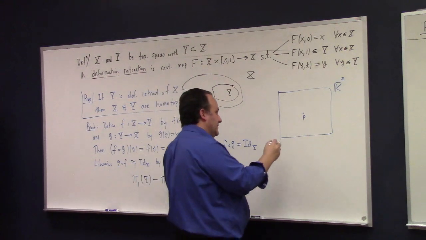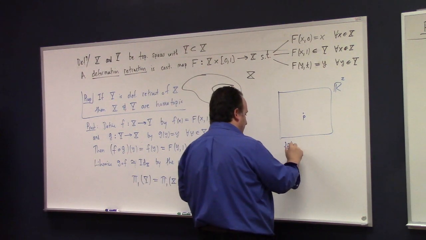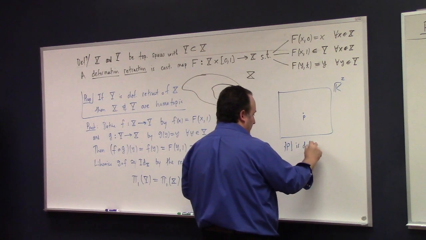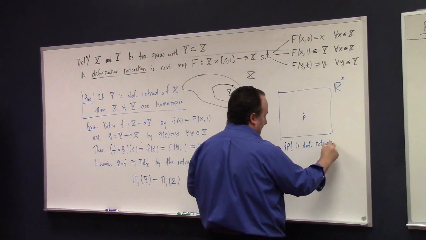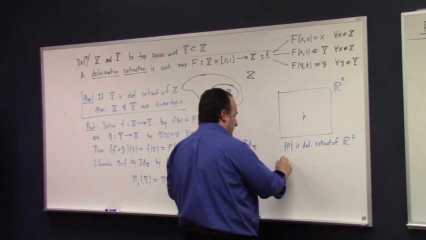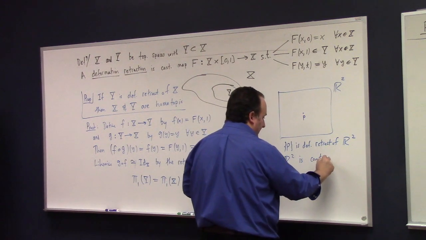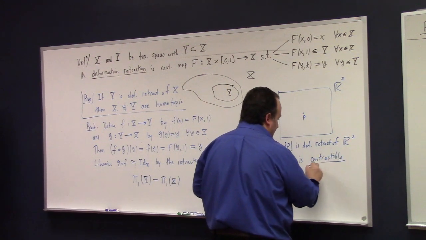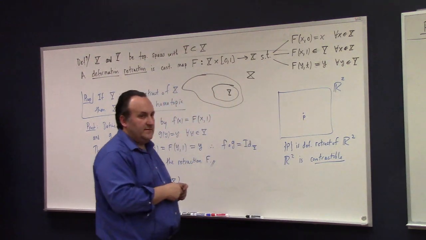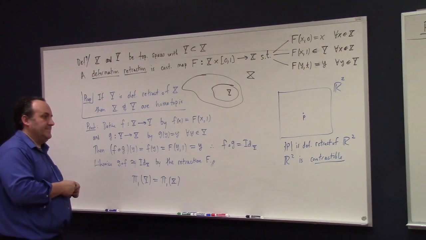So the singleton is a deformation retract of R2. This also, people will say R2 is contractible. Contractible means that it can be contracted to a point, right?